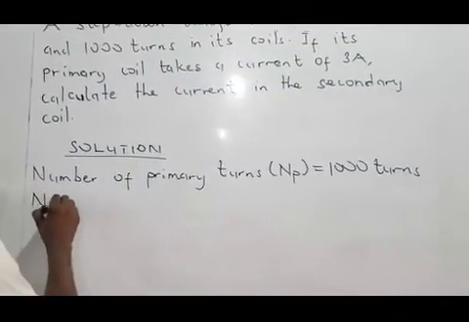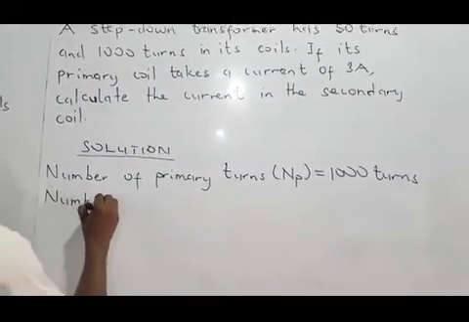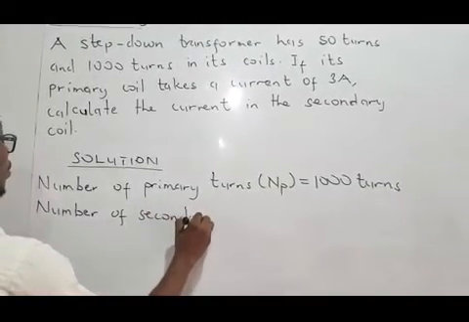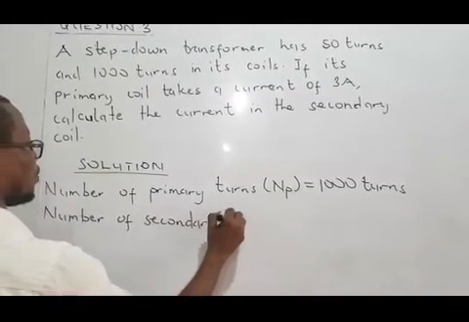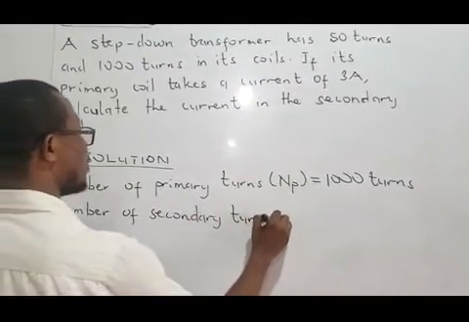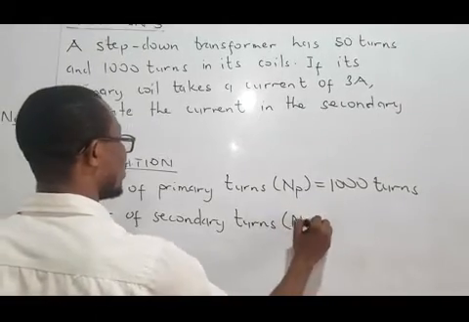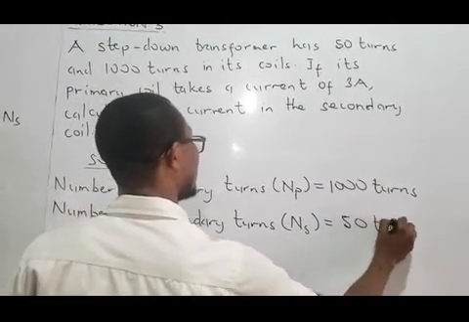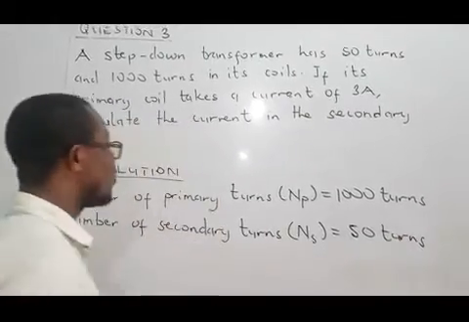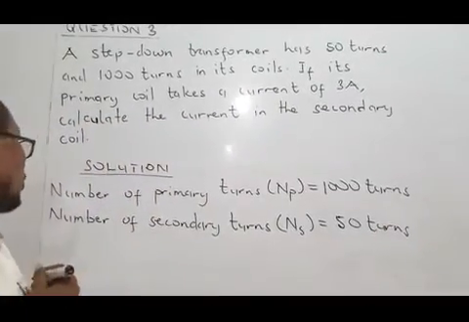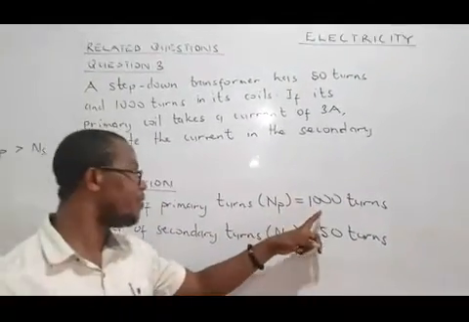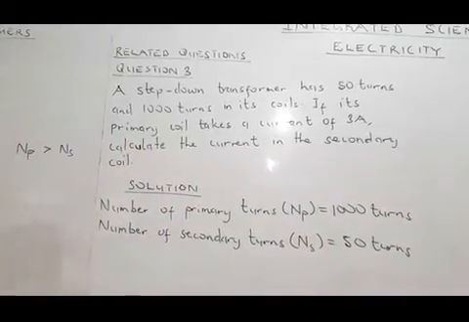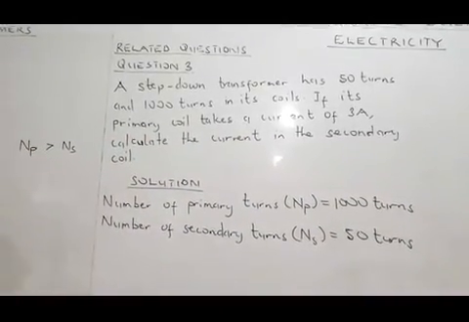And then number of secondary turns, NS, is equal to 50 turns. If you interchange these values, you make the primary turns 50 and the secondary turns 1,000, your solution is actually going to be wrong.